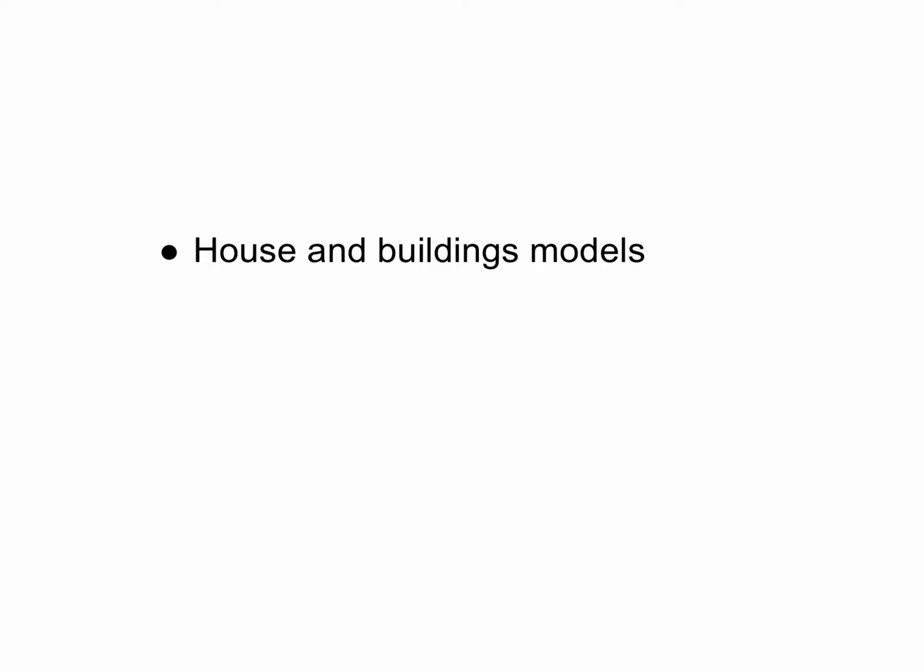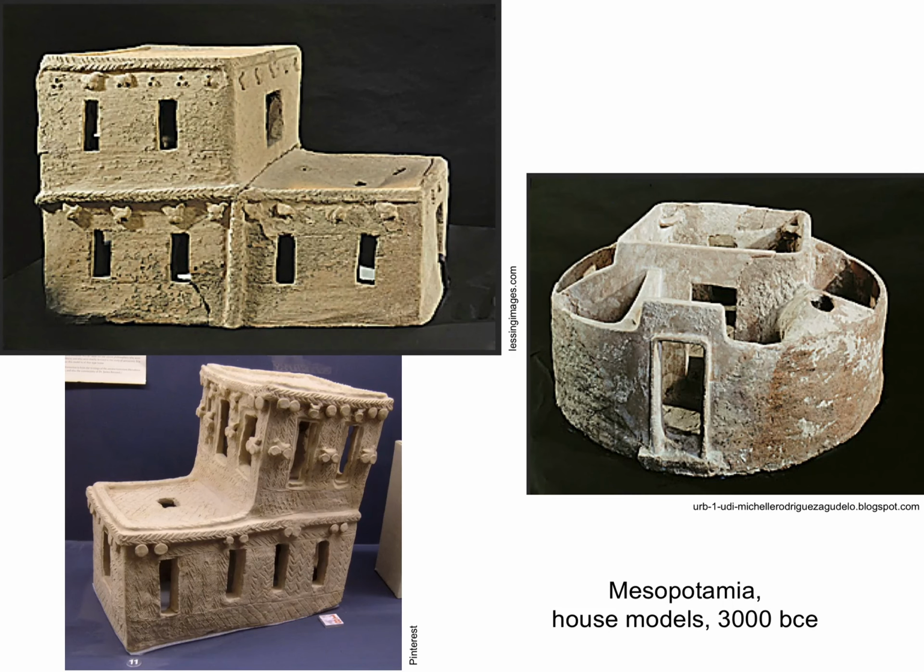So I have here sections on houses and building models. Again, those are found going back in time thousands of years in many cultures worldwide. They were made as funerary offerings in tombs, most likely. But from those small ceramic models, we know how the buildings were built, what they looked like, how they were used, and their complexity and so on.